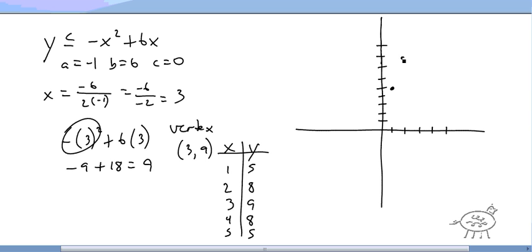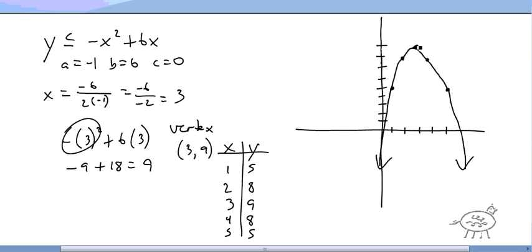So we're here, 2, 8. 3, 9. 4, 8. And 5, 5. Now this is a less than or equal to, so it's a solid line. Wow, that's really bad. A little bit harder on the computer here, but yeah, it's okay.